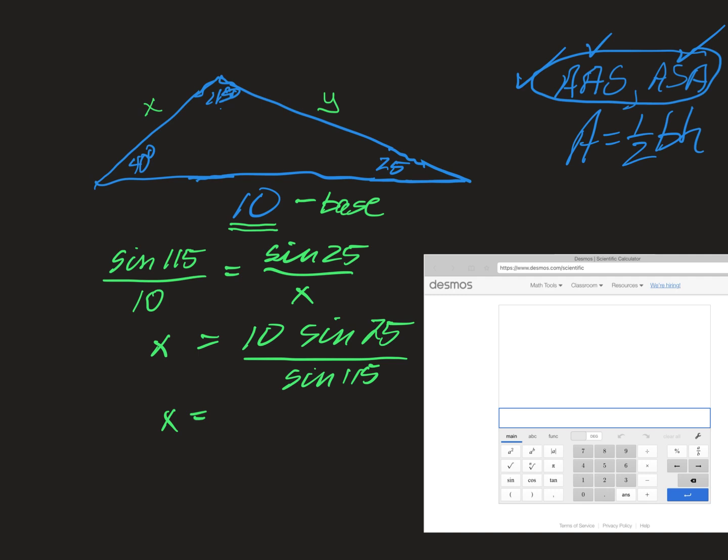And then I did divide by the sine of 115. All right? And if I do all that, I can calculate it out. Now I actually have my actual calculator here, and I will do that.